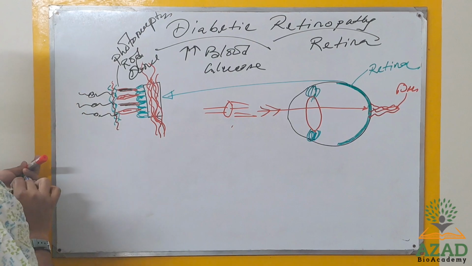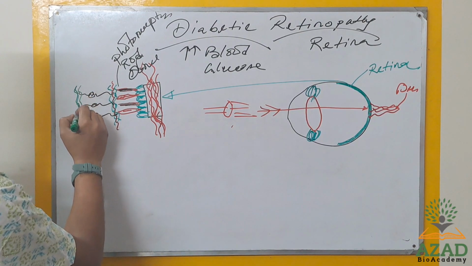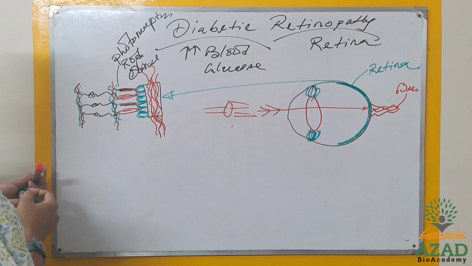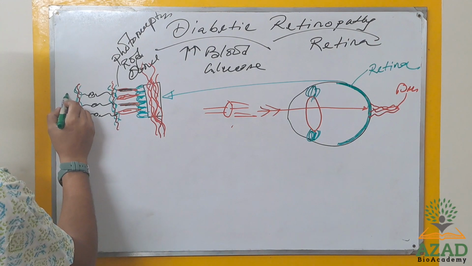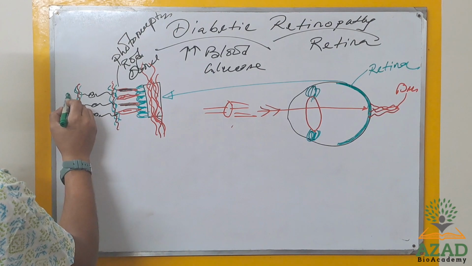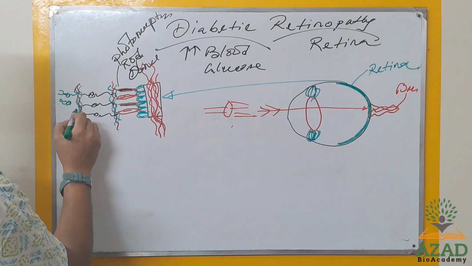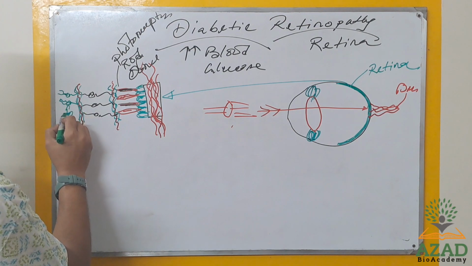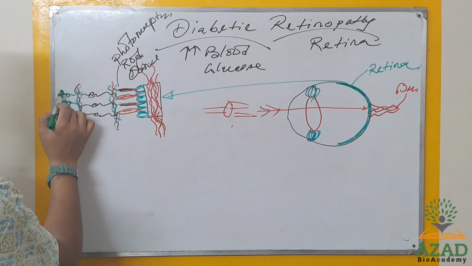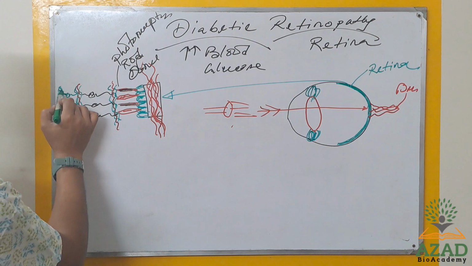Then again some horizontal cells, and they also carry some blood vessels. And then here the ganglion cells, the ganglionic part. The ganglion carries the fibers, the nerve fibers. You can think these are the nerve fibers.